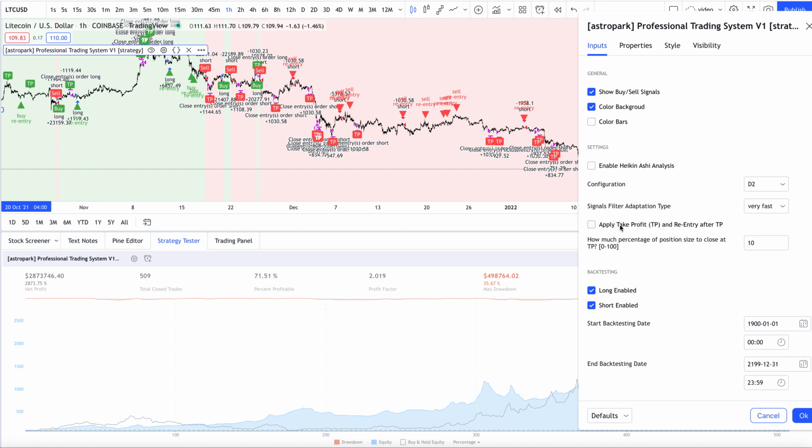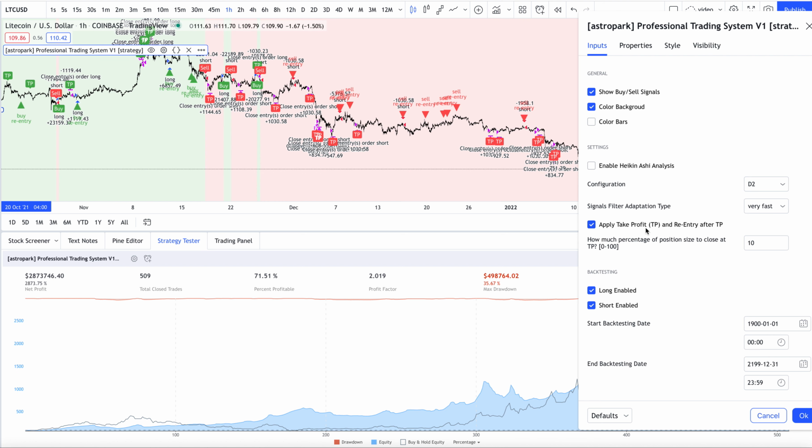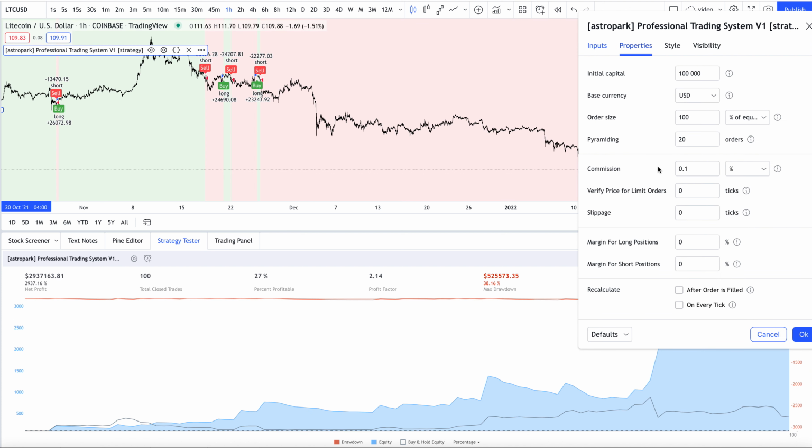Let's remove this. Profit is higher, but as I told you, I don't like this 38, so for sure we're going to use 50%. Right?